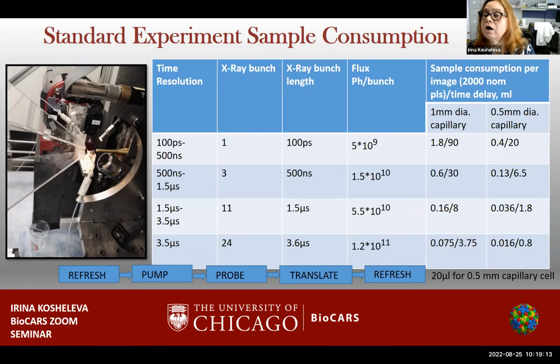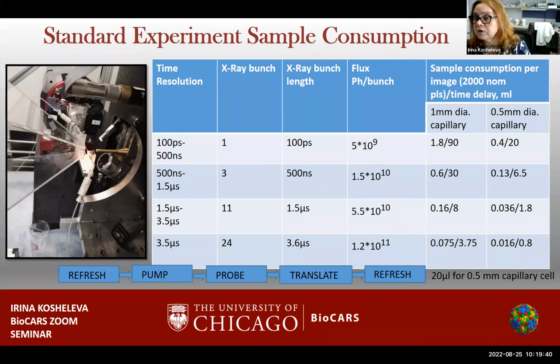In this table, I basically presented the time resolution which we would like to achieve in our data measurement. That depends on our time resolved process, and what X-ray bunch can be used to match this time resolution, and of course what the sample consumption will be for a 1 millimeter diameter capillary and a 0.5 millimeter diameter capillary.